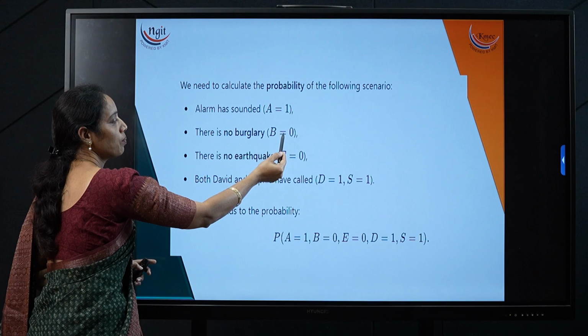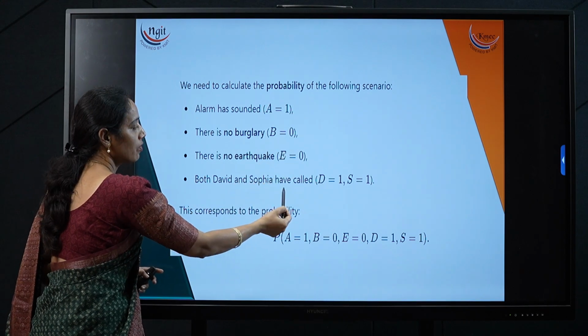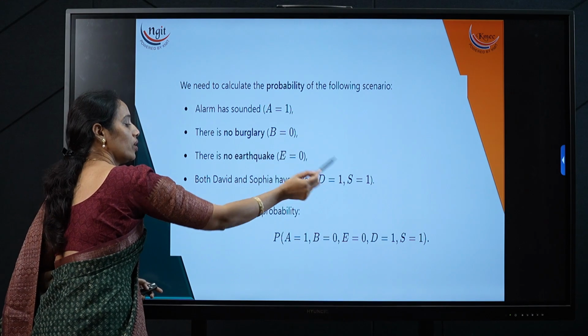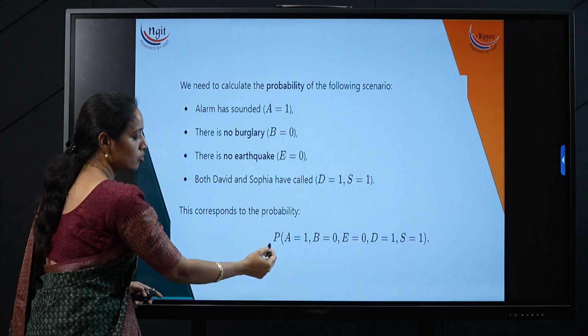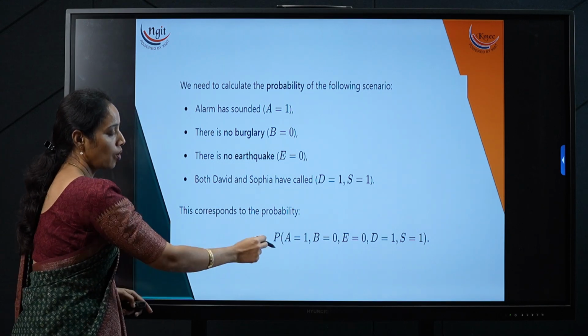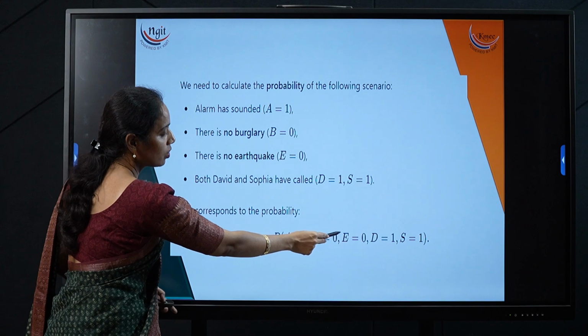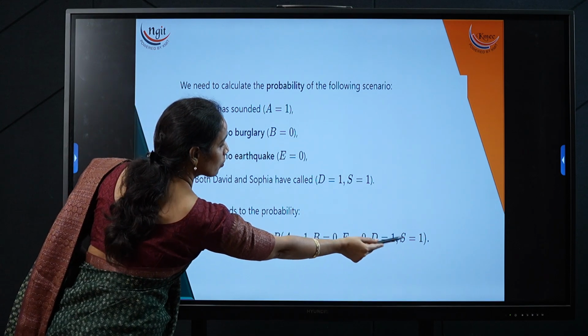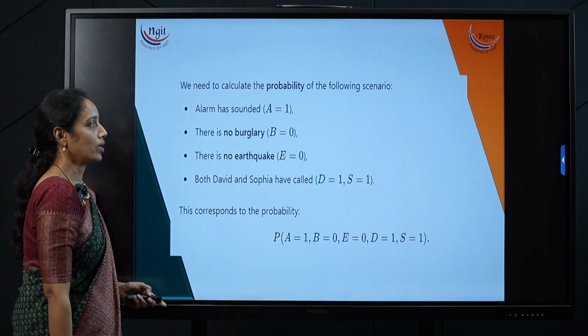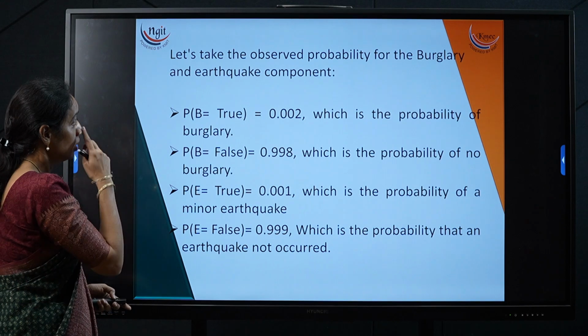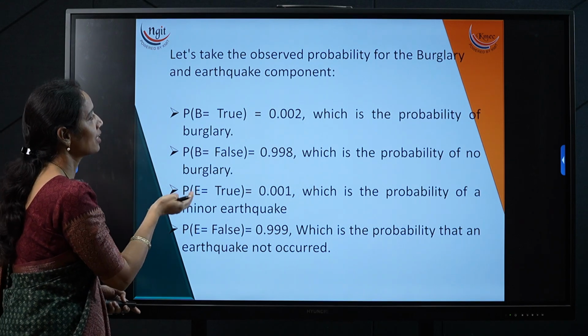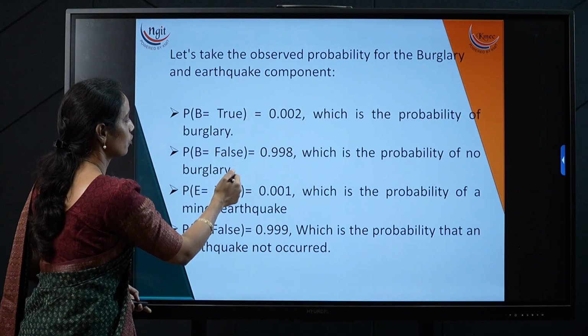So A equal to 1, B equal to 0, E equal to 0. And David and Sophia have called, that's why D equal to 1, S equal to 1. So this corresponds to the probability of A equal to 1, B equal to 0, E equal to 0, D equal to 1 and S equal to 1.